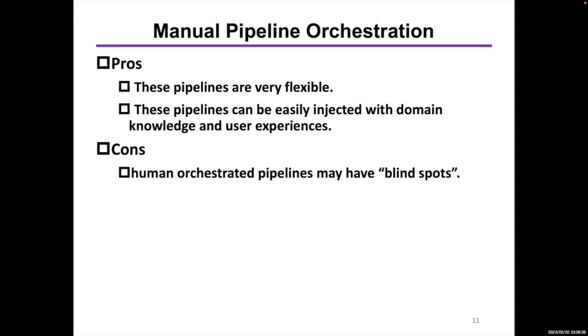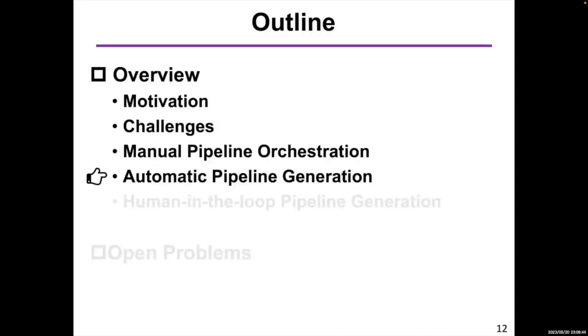Therefore, data scientists rarely try different combinations of operators to find the best one. This observation inspires us to introduce more automatic pipeline generation methods and human-in-the-loop pipeline generation methods.